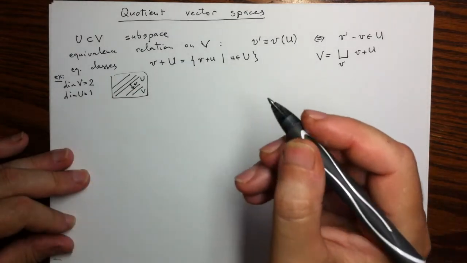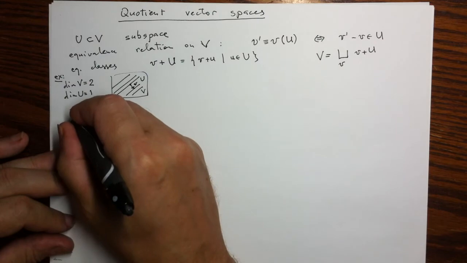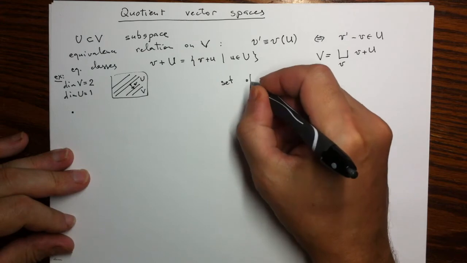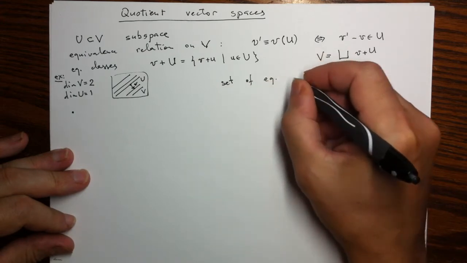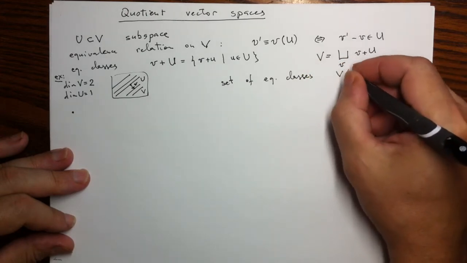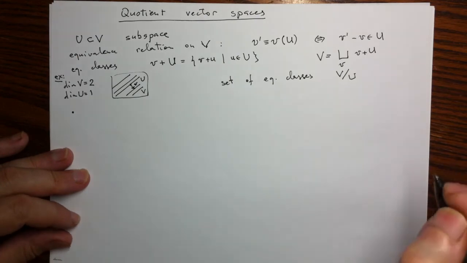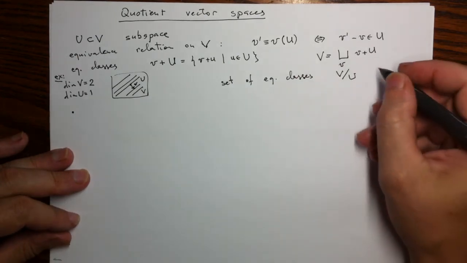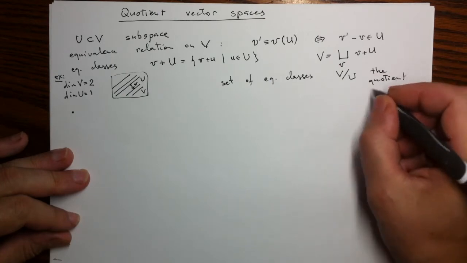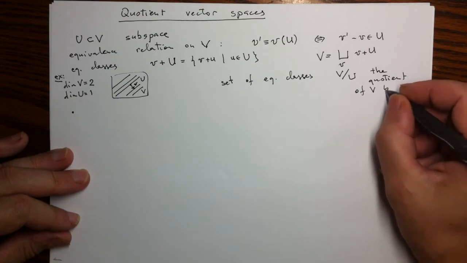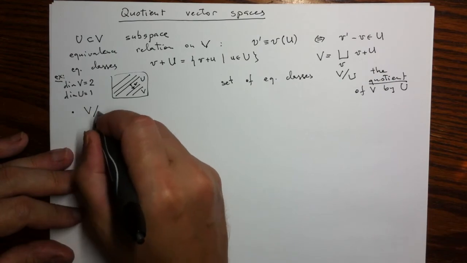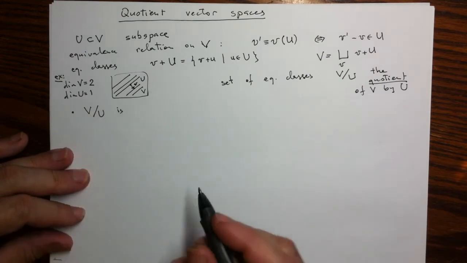So the first statement is about this set of cosets, of equivalence classes, which is denoted as usual V modulo U, and is called the quotient of V by U. The first statement is that this quotient is in a natural way a vector space.